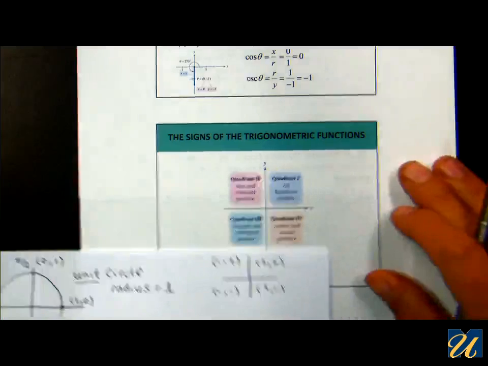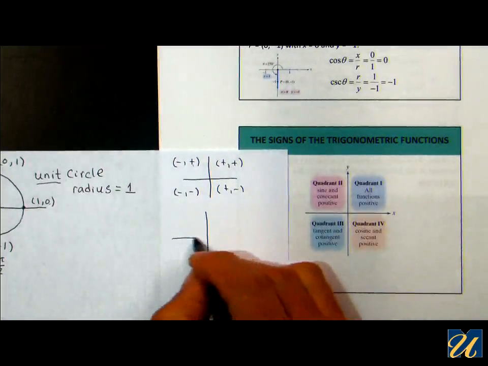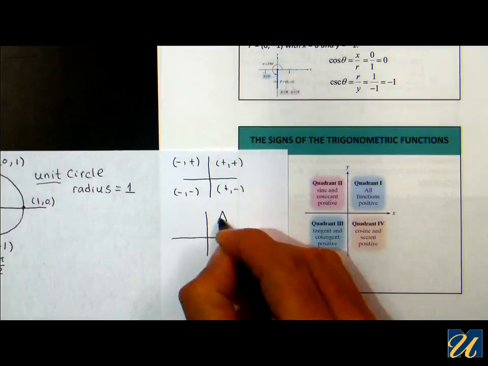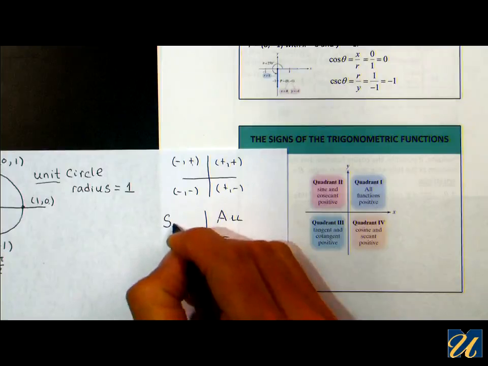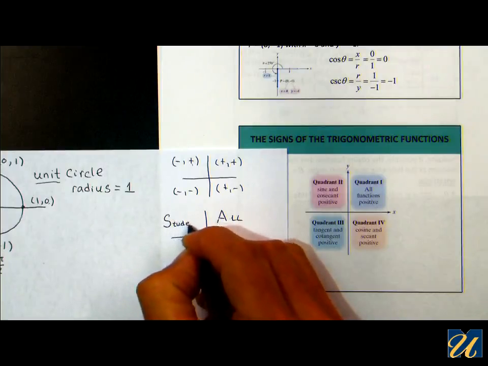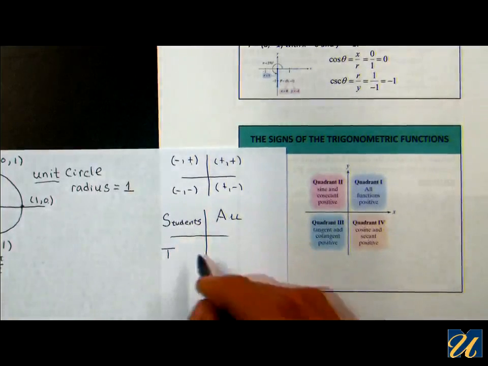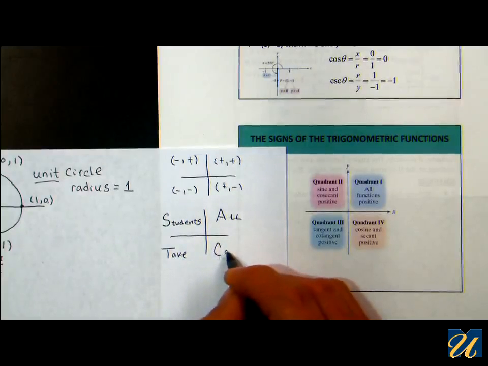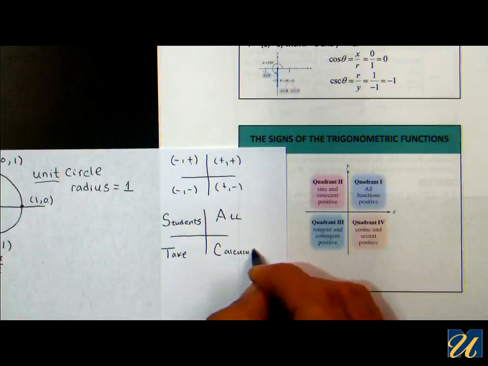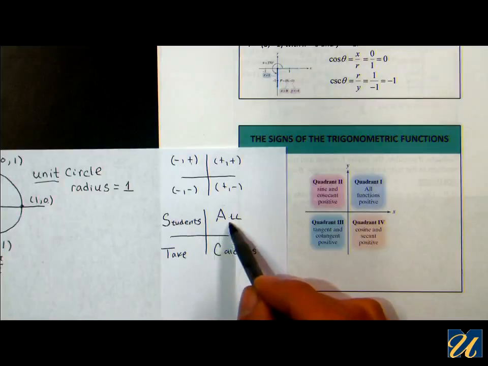Now, one way students remember this is to say: all, S for students, T for take, and C for calculus. All students take calculus. All trig functions are positive in this quadrant.